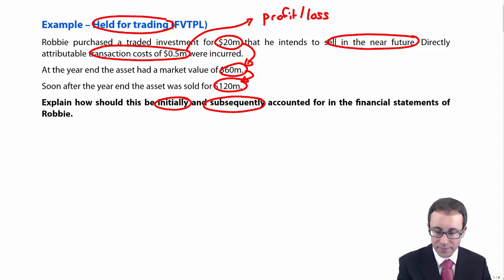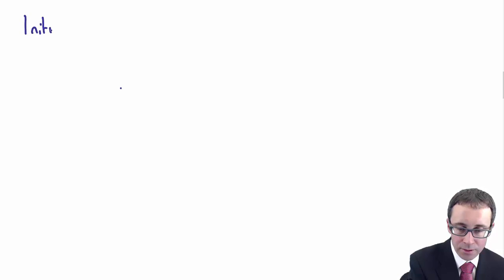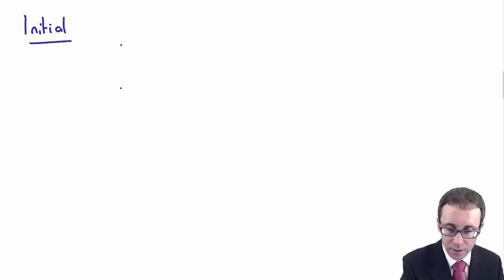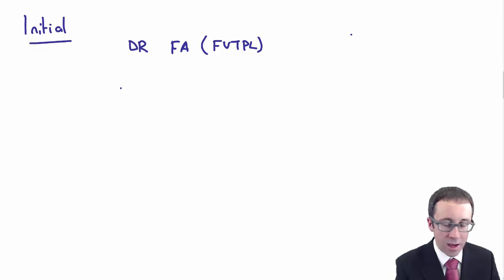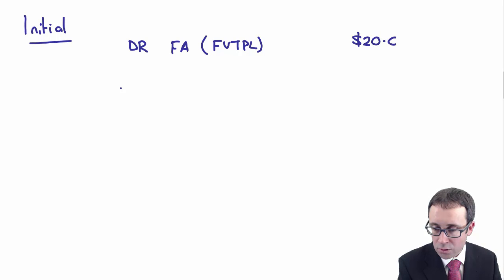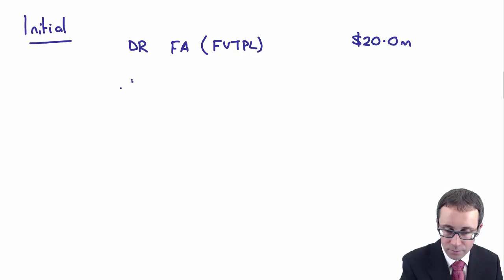that works there. Okay. So if we think about what happens on your initial recognition, you are going to debit your financial asset, fair value through profit or loss, held for trading, with $20 million.